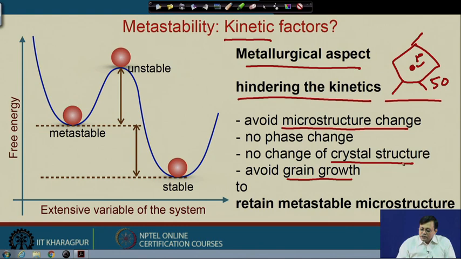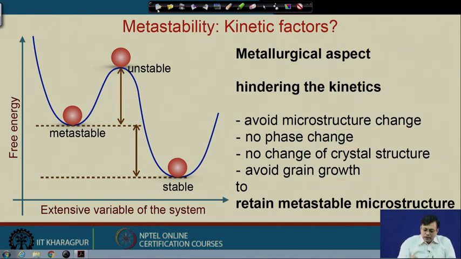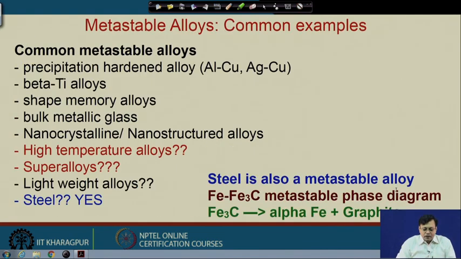There will be no change in their crystal structure, the phase should not change, and only then can we retain such a very fine microstructure of 50 nanometer. This is the importance of the metallurgical aspect to control the kinetics, and in this way we can develop newer and newer alloys.